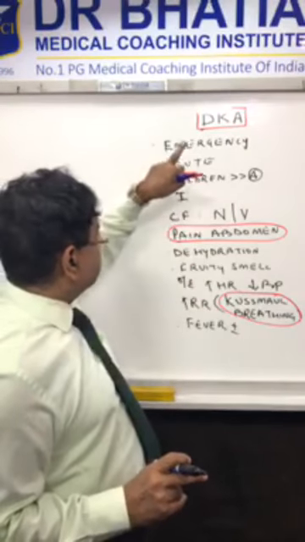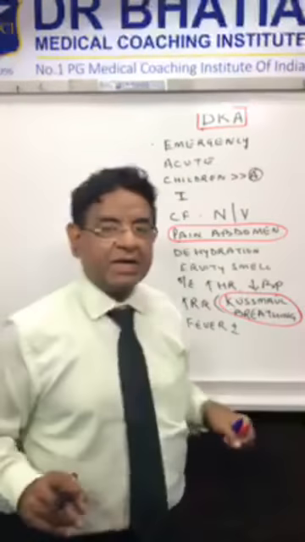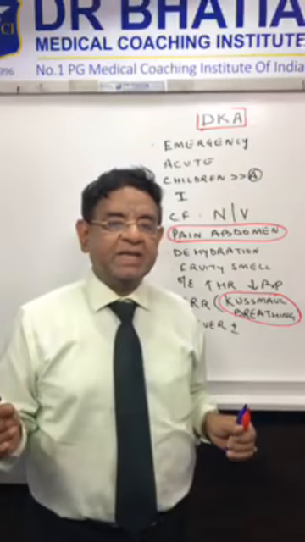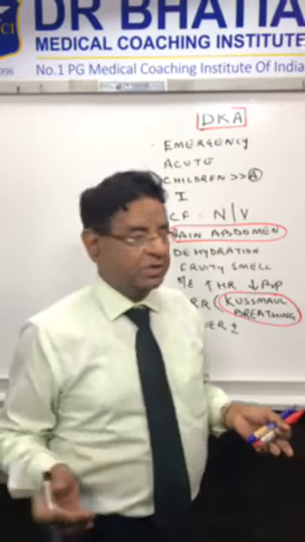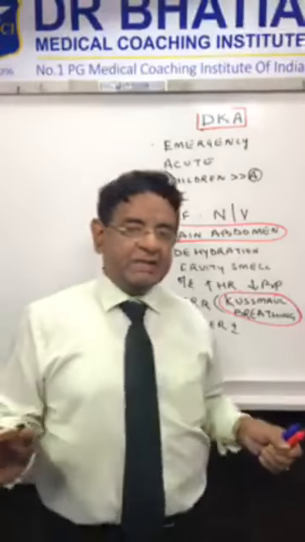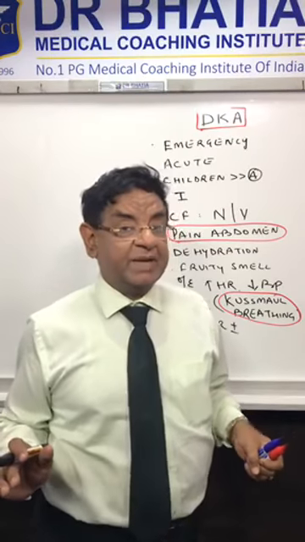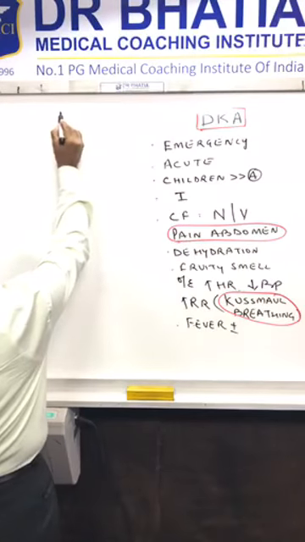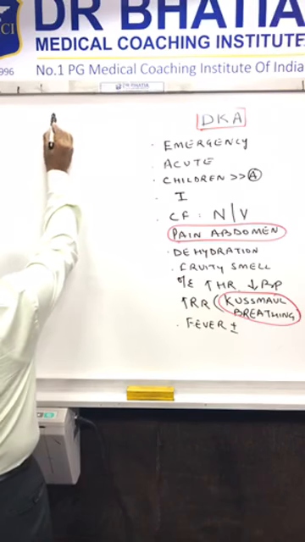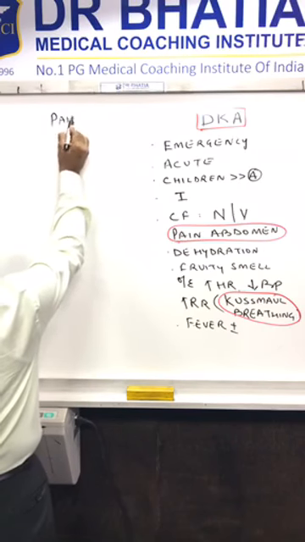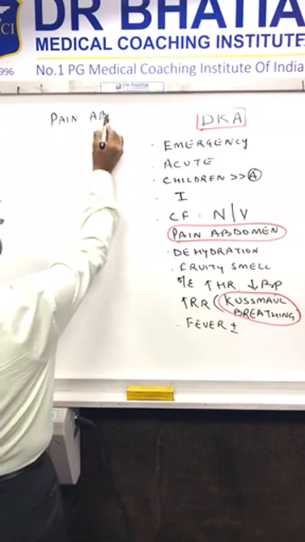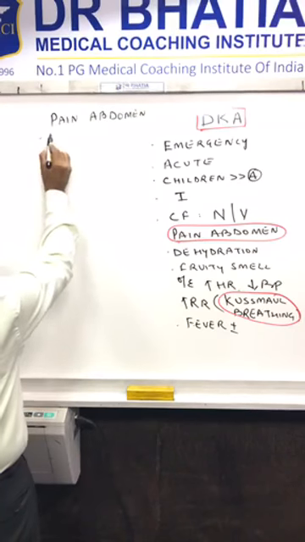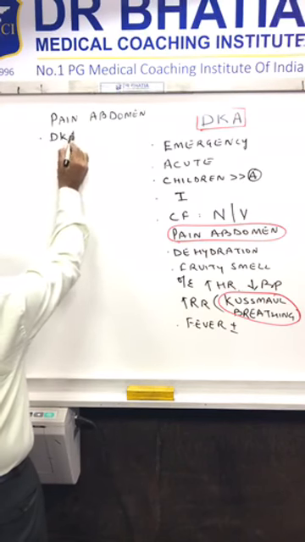Okay. Now, one thing you got to know. Here it is a medical disease, but the patient comes with severe pain abdomen, just like any surgical emergency like appendicitis or gallstone. So let us see what are the other medical diseases which can come as severe pain abdomen. It occurs in DKA, we studied just now.